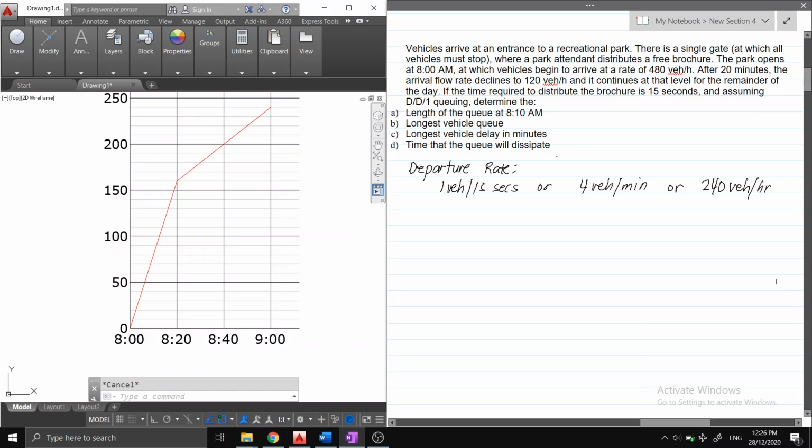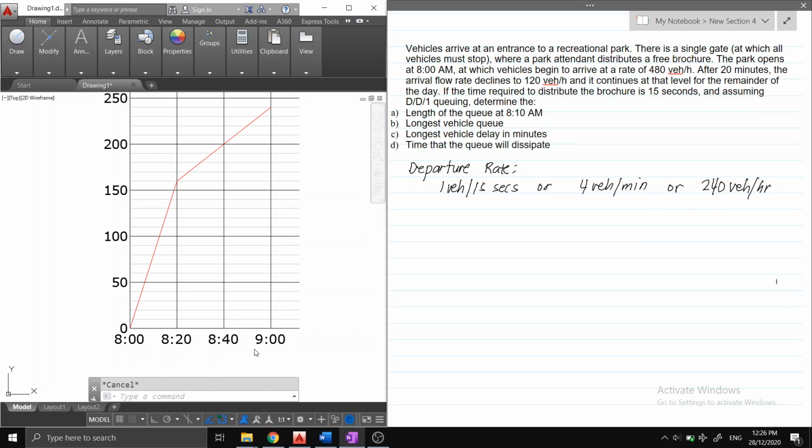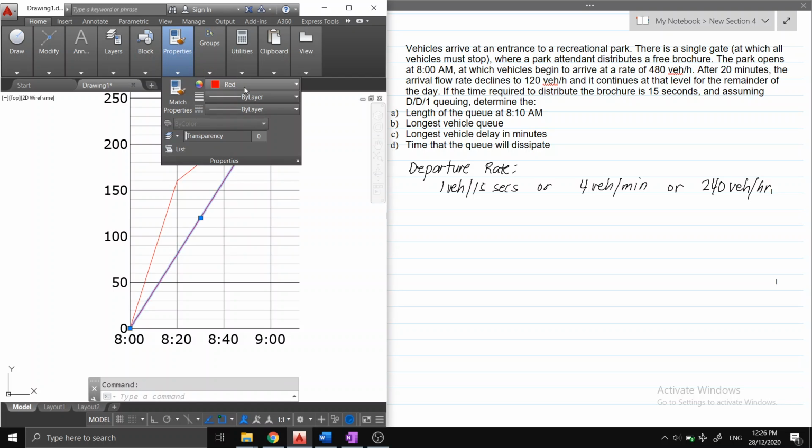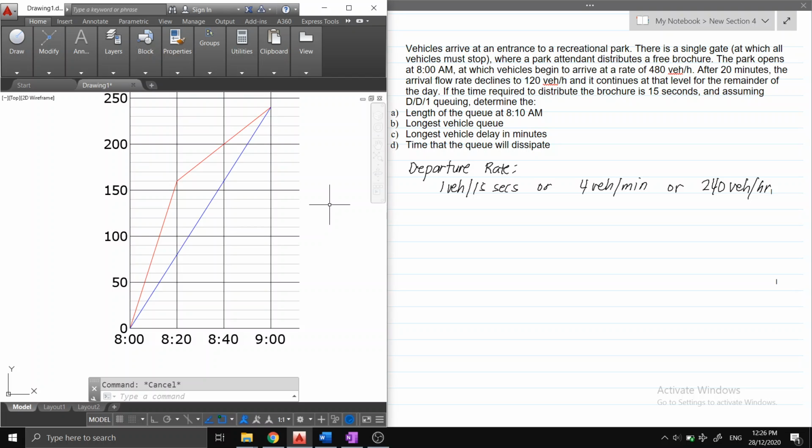So, after 1 hour, meron daw nag-depart na 240 vehicles. So, i-plot natin siya. And gawin natin color blue yung departure rate. Okay na, nagawa na natin yung graph.